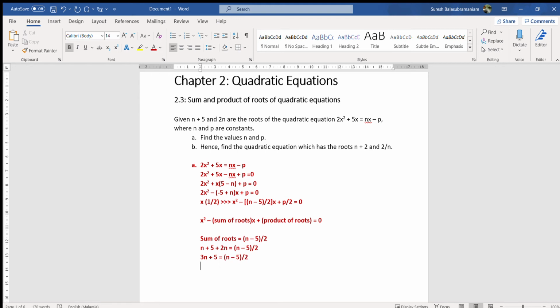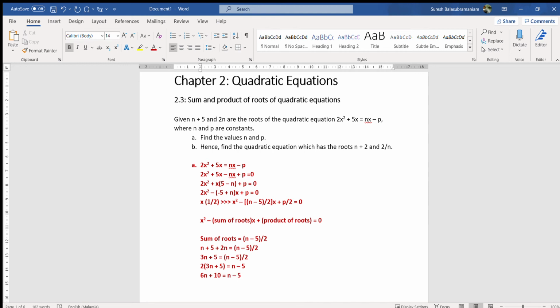So bring the 2 from left to right, I get 2 multiply 3n plus 5 equals n minus 5. So I get 6n plus 10 equals n minus 5.